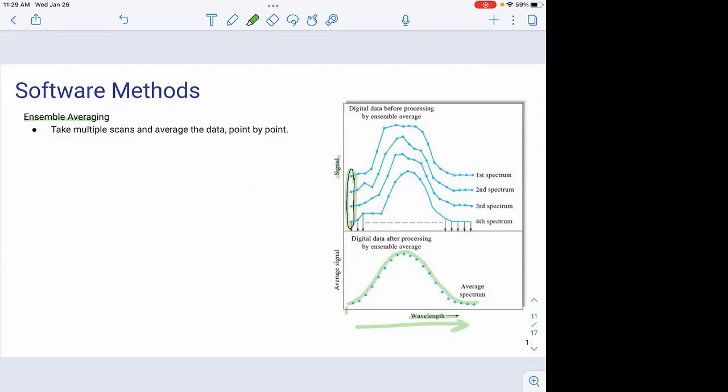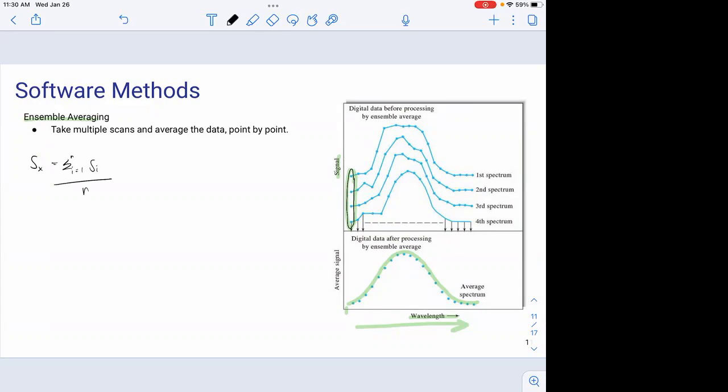Okay. So if we talk about what this looks like as a mathematical formula, the average signal is equal to the sum of the individual spectra, across all spectra, divided by the number that you have.